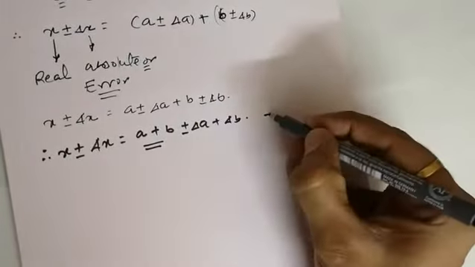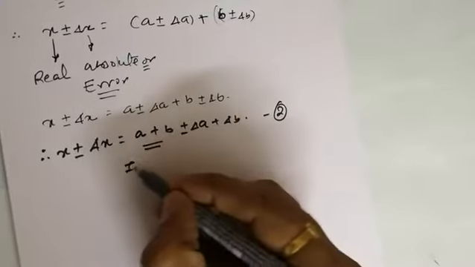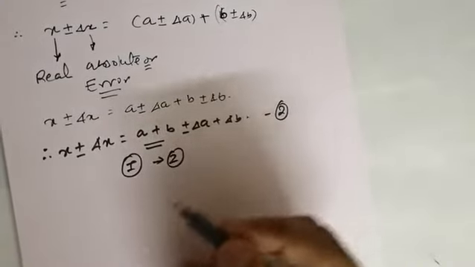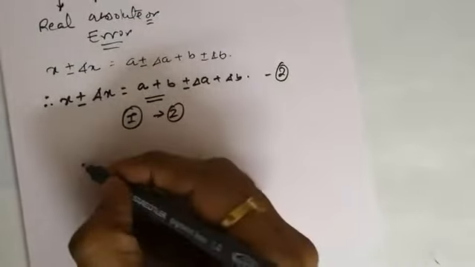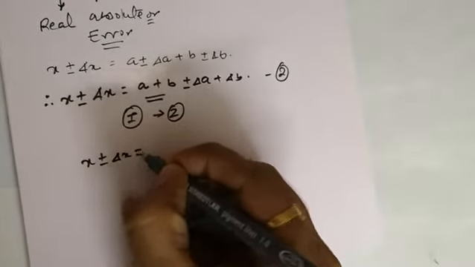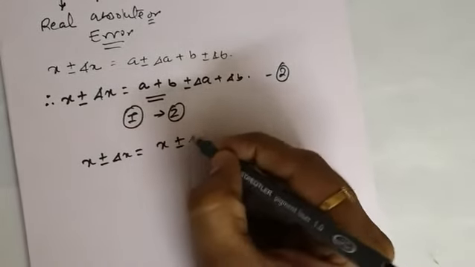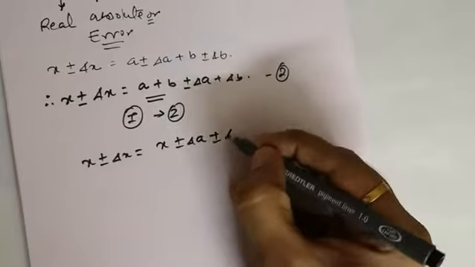You can see that from the very first observation we have mentioned that x equals a plus b. So we place this value, equation number 1, in expression number 2. So we get x plus or minus delta x equals x plus or minus delta a and plus or minus delta b.